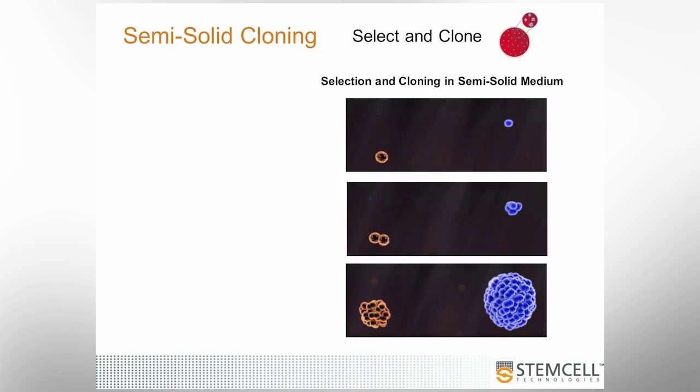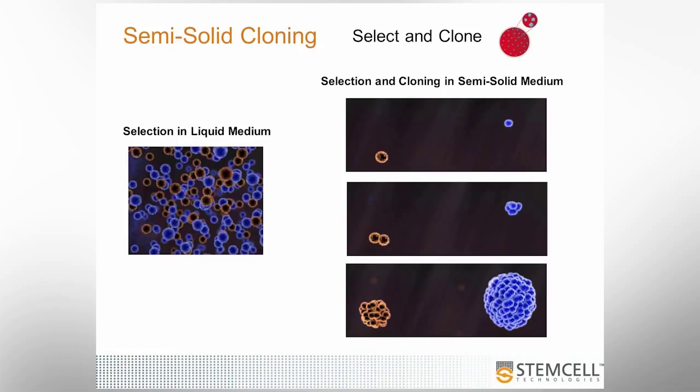And this is important because sometimes the slower-growing clones can actually be higher producing because of the metabolic trade-off between proliferation rate and productivity. So having a diverse range of clones makes it easier to find those rare high-producing clones. And this is in contrast to methods that involve selection in liquid medium.